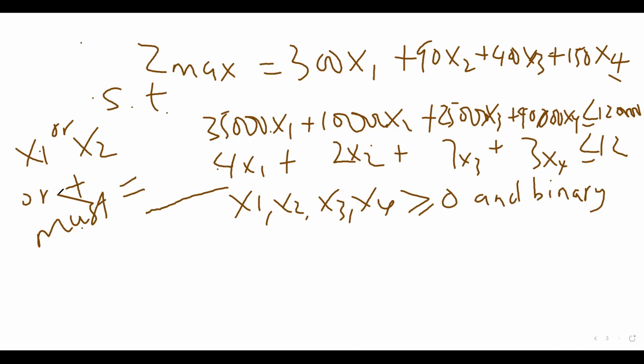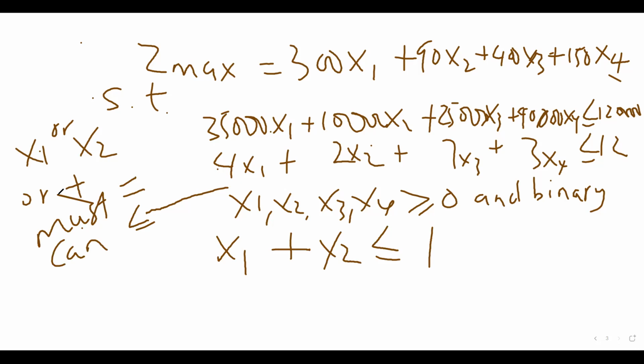But it didn't say that. It says that only one can be built. Can means less or equal to 1. So that constraint becomes X1 plus X2 is less than or equal to 1.